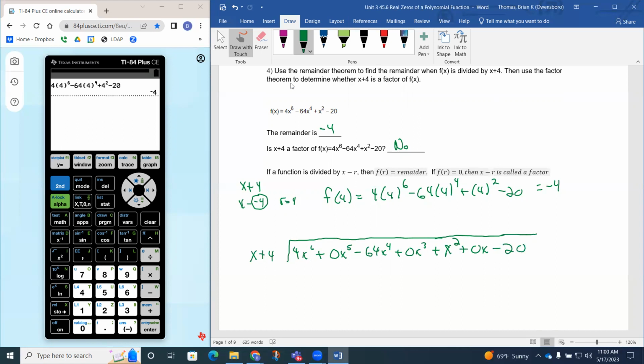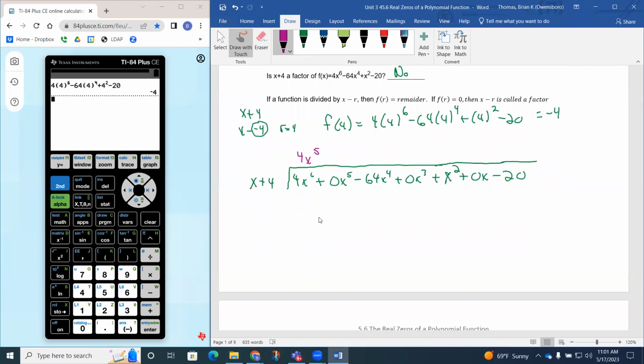So if I'm doing this, we're asking ourselves, x plus 4 goes into, and we're just going to do the front end. What times x plus 4 gives me 4x to the 6th? Well, I would need 4x to the 5th. 4x to the 5th times x would be 4x to the 6th. 4x to the 5th times 4 would be 16x to the 5th.